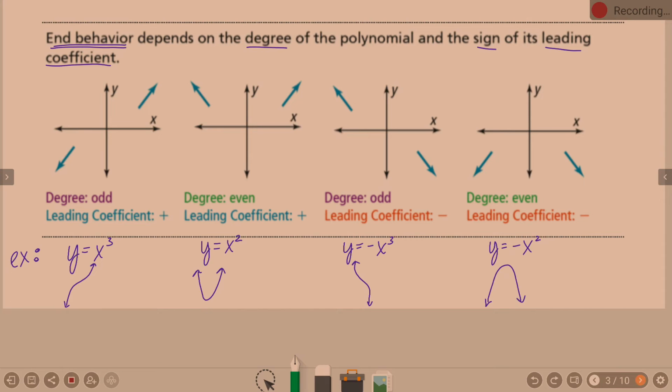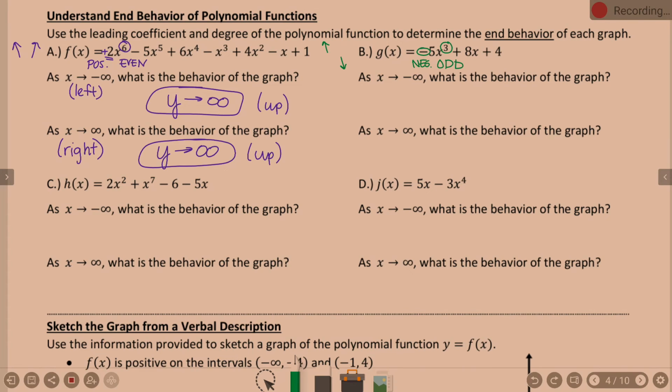So, as x approaches negative infinity, that's saying what? As my graph moves to the left. Where's my graph going on the left side? It's going up. How do we say up? Y approaches positive infinity. Good. As x approaches positive infinity, what's this question asking me?